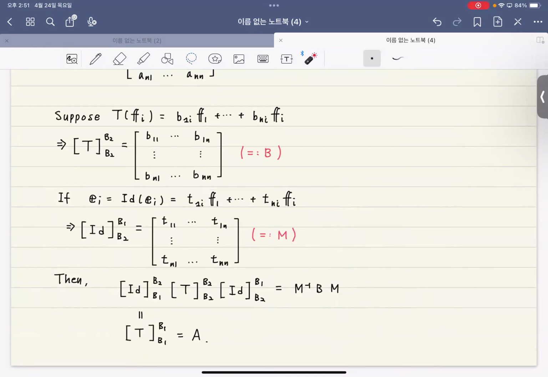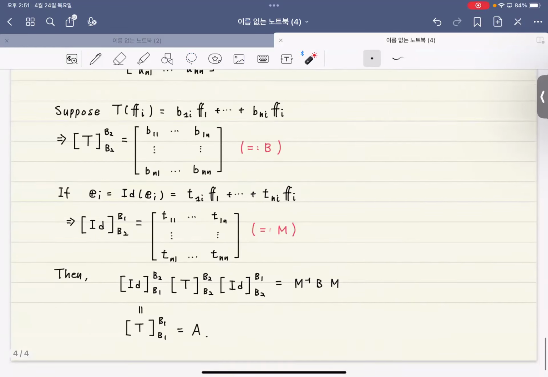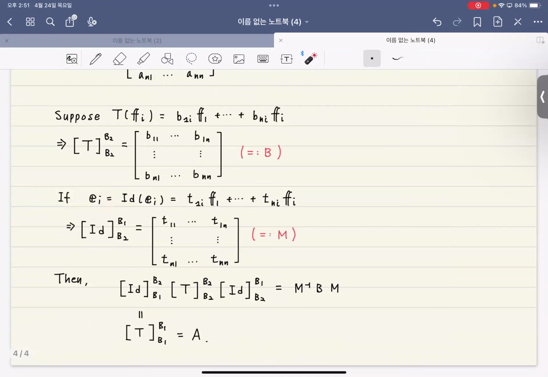So, if this is the basis vector from the basis B1, I can still write down the E_i as a linear combination of the basis vectors F, and this is the change of basis matrix.